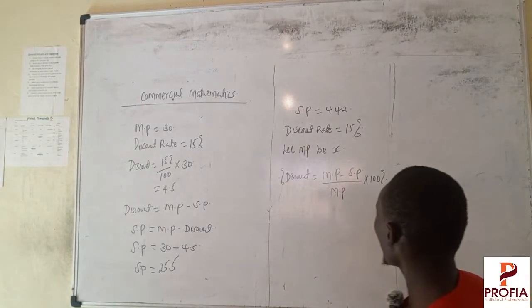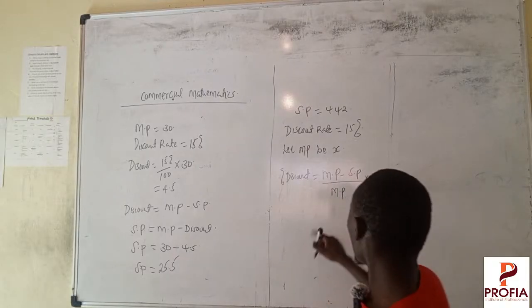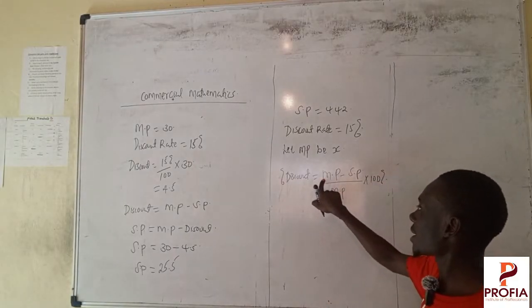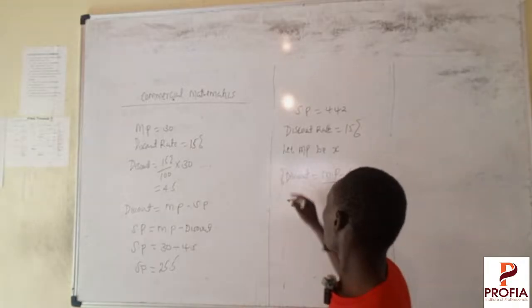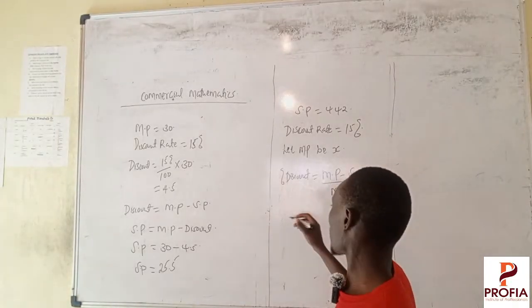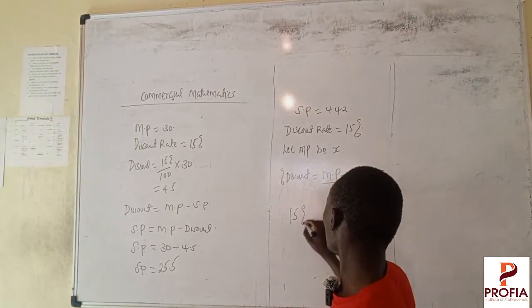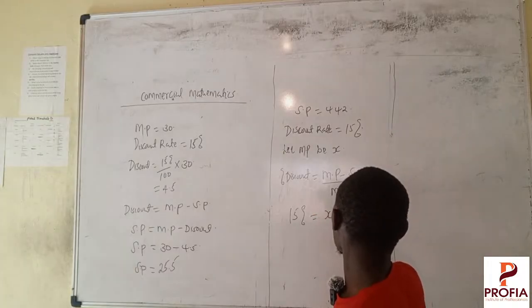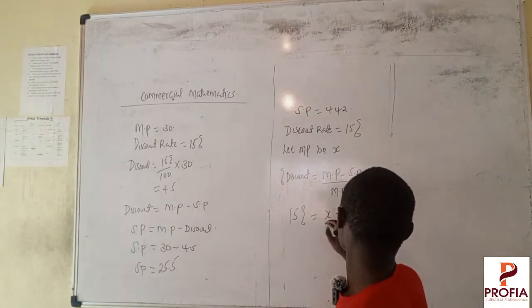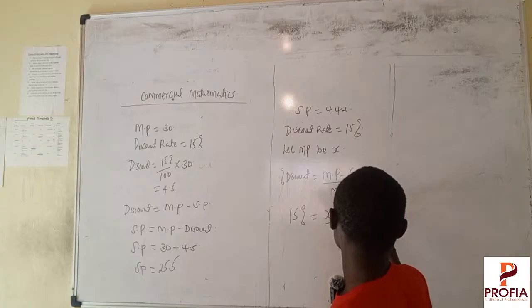Our market price is X and we have the discount rate as 15%. So 15% is equal to x minus SP all over x times 100%.